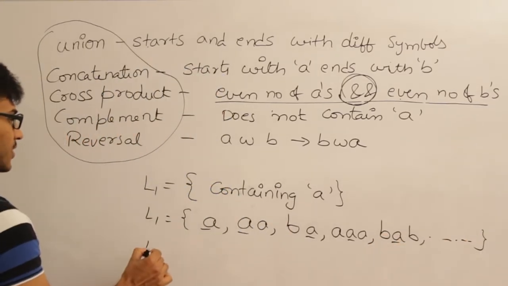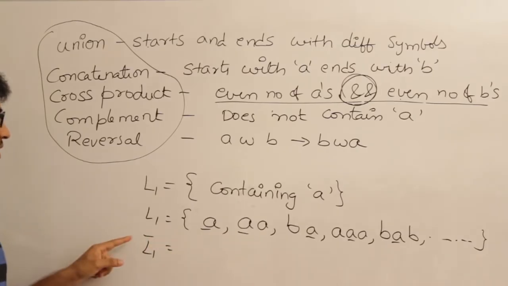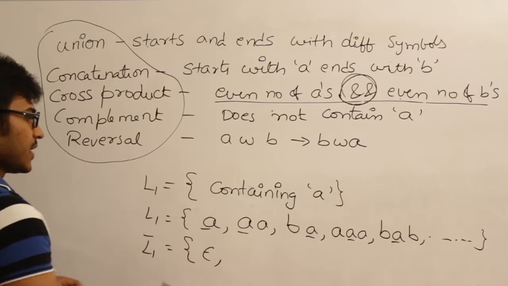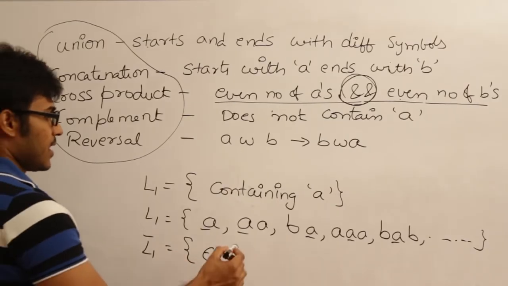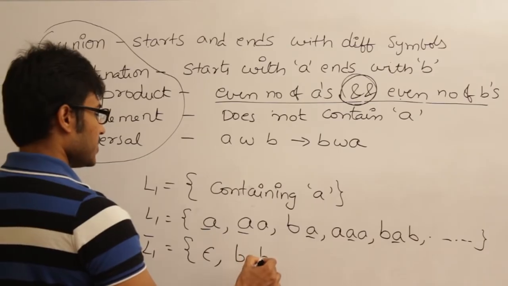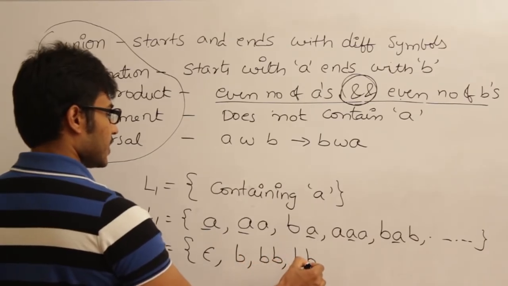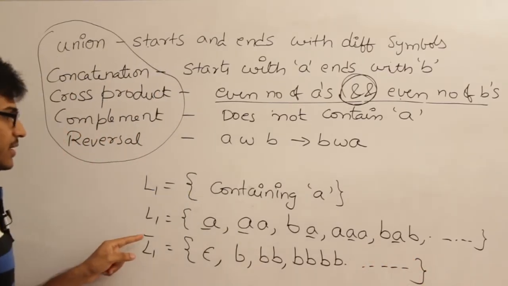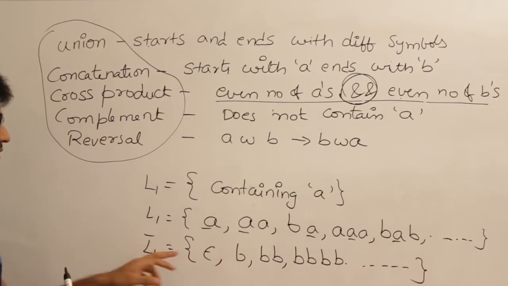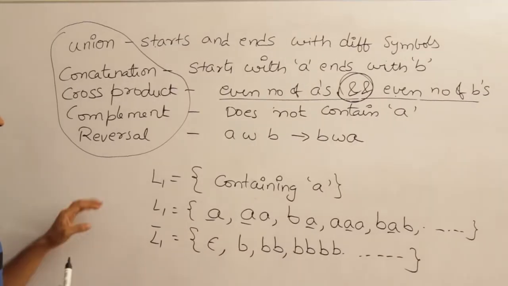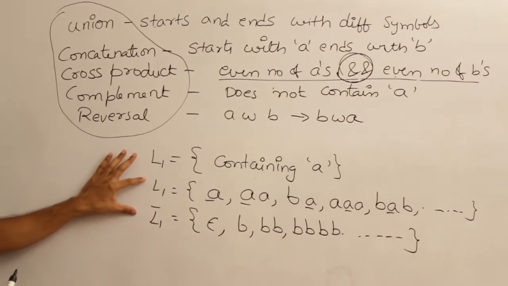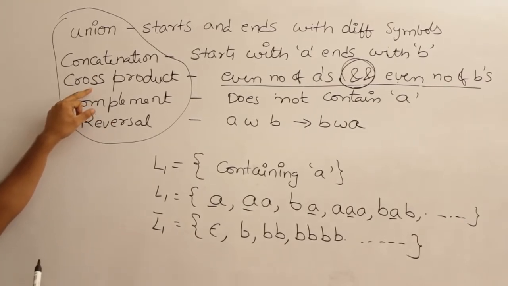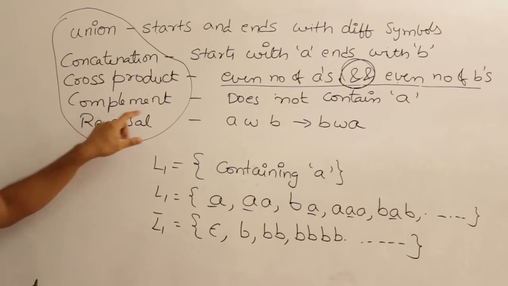Now if I take L1 complement, it is nothing but the set of all strings which do not contain A. Definitely epsilon is there, because epsilon doesn't contain A. And definitely any number of B's are there, and so on. So it is nothing but containing only B's or epsilon, right? We have already finished a DFA for one such problem.